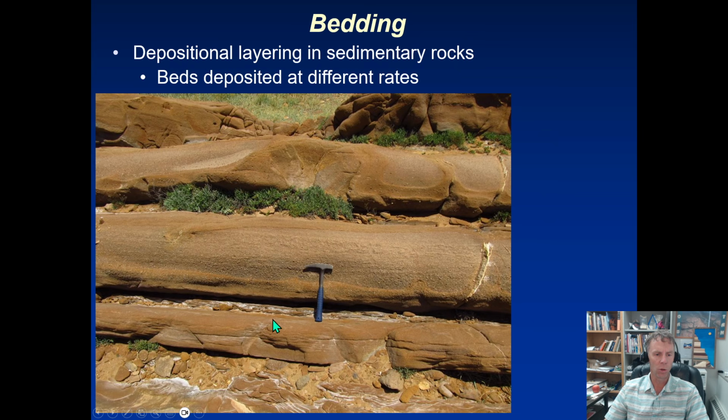And so there's no real correlation between the thickness of the beds and the time it took to deposit those beds. It really depends on the depositional environment, and it demands that we use some other techniques for figuring out the ages in order to figure out the timeline. But just be aware that this is what we call bedding. And when we get to things like structural geology and deformation, we'll look at ways we can measure the orientation of these beds. Are they horizontal or are they tilted? But we'll get to that in a future episode.